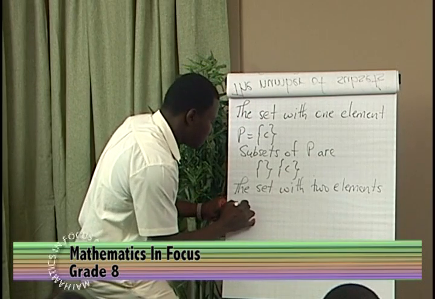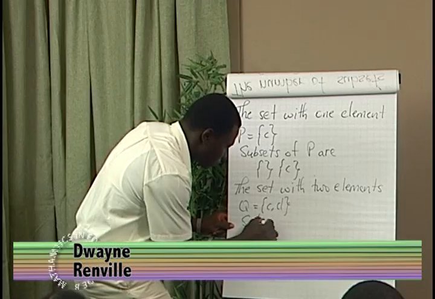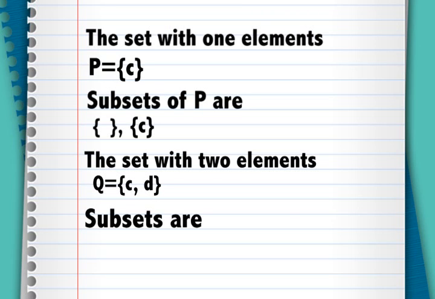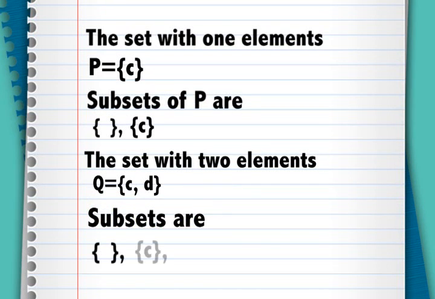If Q is equal to the set {C, D}, the subsets are the empty set, the set with the element C by itself, the set with D, and the set with C, D.